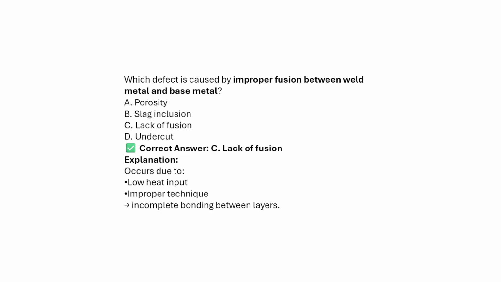It happens due to low heat input, improper technique, or incomplete bonding between the layers. These are the reasons for this improper fusion between the weld metal and base material.